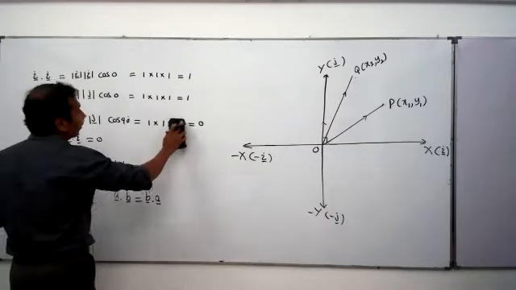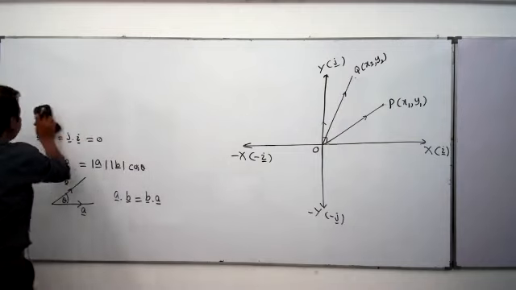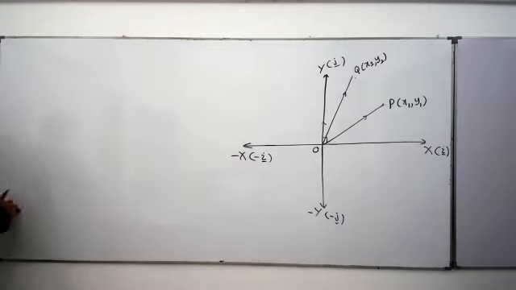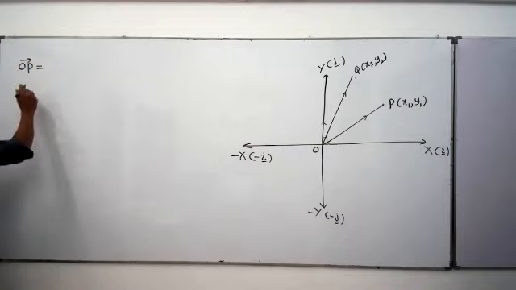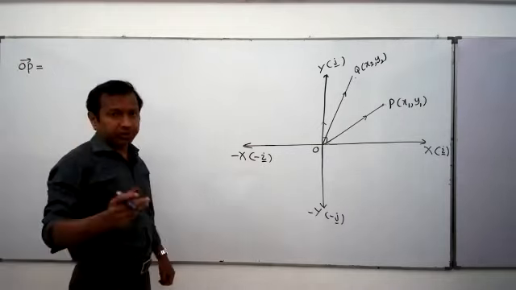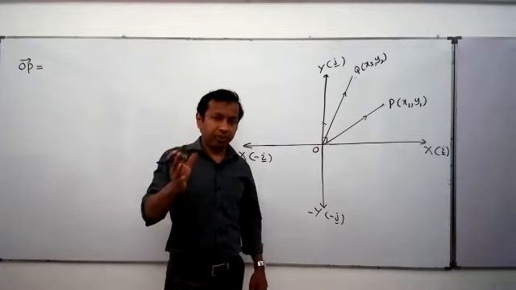Okay, right. Now, people, you can write this OP vector and this OQ vector. Tell me how to write this OP vector. OP vector means the position vector of the point P, no? Position vector of the point P is this OP vector. How to write that one, people?